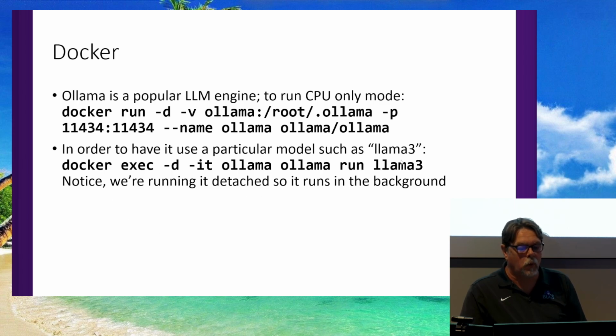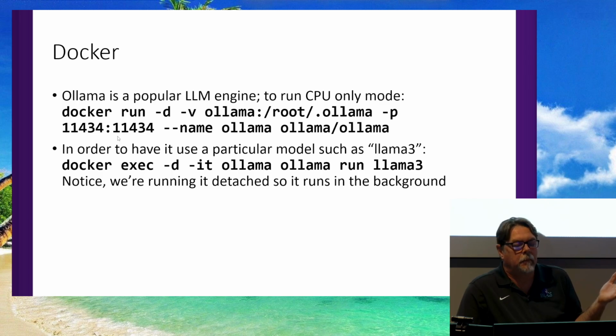A couple of things I'll point out here. A lot of this stuff is just boilerplate. When you use Docker and you run it in detached mode, it's just running in the background, waiting back there for you to interact with it. It's doing its own thing. The second thing is this port number.